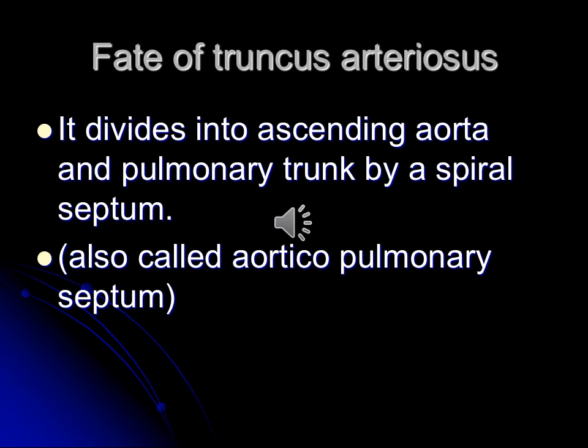So they do spiral around each other, and this is because of a septum that's called spiral septum. The next question we will ask is, what happens if something is wrong with the spiral septum? Well, aorta will come from the right ventricle and pulmonary trunk will come from the left ventricle, and you know the problems.